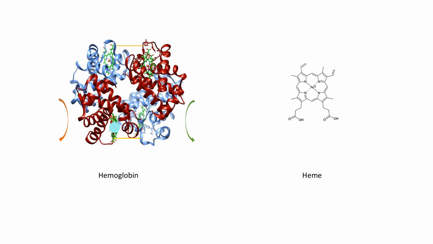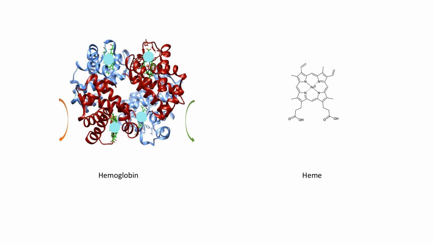So after binding the first oxygen molecule, the affinity of hemoglobin for oxygen increases. And the second oxygen molecule binds more easily, and the third and fourth oxygen molecules also bind more easily.